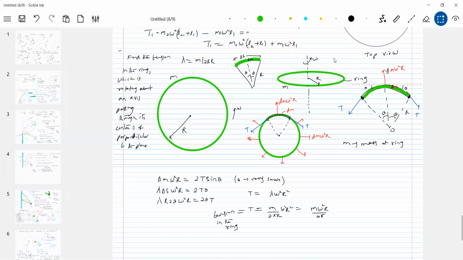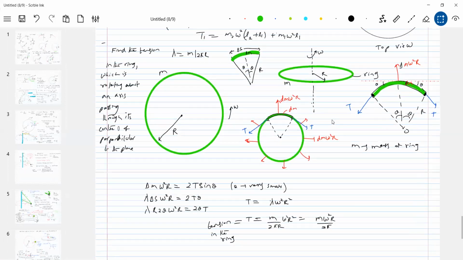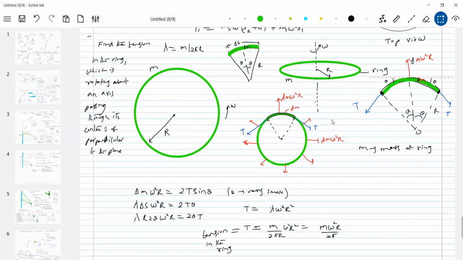Okay, try to see this. You see so many rotating objects. Will there be any tension in them? Yes, it will be there.